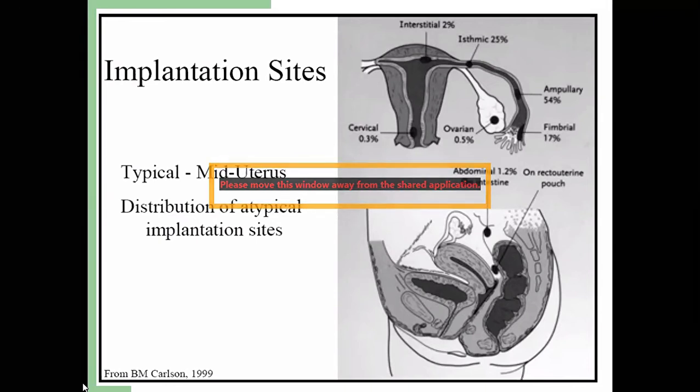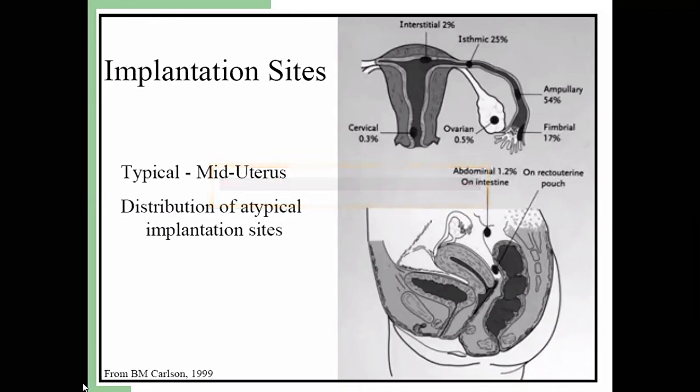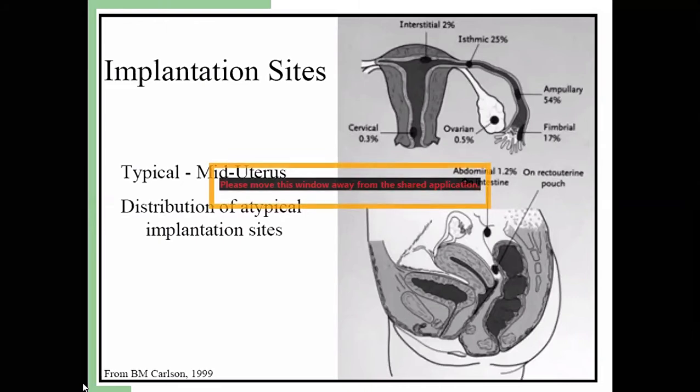It becomes a cervical pregnancy and it's very difficult to diagnose because it will erode on the cervix and it may appear like an abortion. Okay?